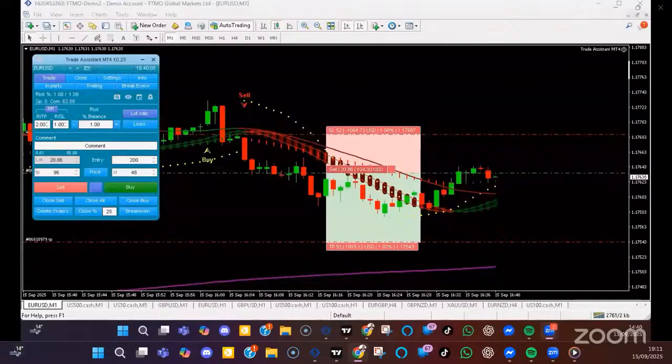The US 100, which I usually favour this time of day, more over than the EUR USD, that at the time of recording is on an all-time high. So only taking sells, which has not happened. So I activated on this sell, and as you can see, we're waiting for it to reach its completion. So let's see how it does.